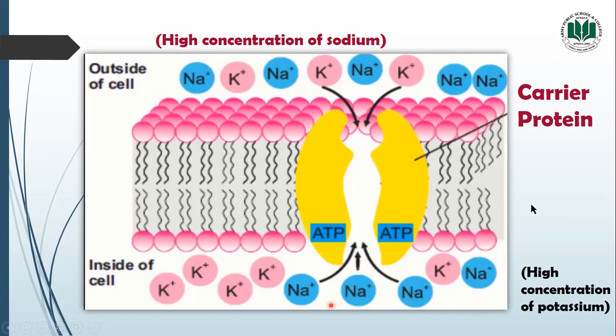You can also say it this way: high concentration of potassium inside and low concentration of sodium inside. You can also say: high concentration of sodium outside and low concentration of potassium outside.